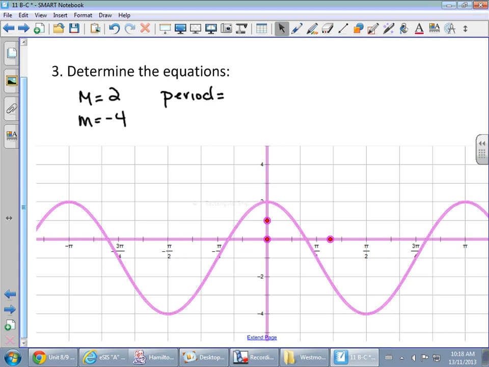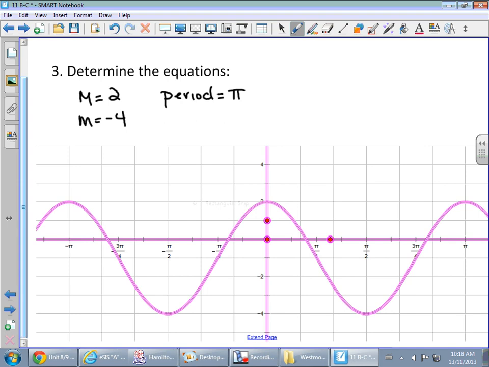So the cosine curve starts at its highest point, goes down to its middle, down to its lowest, to its middle, to its highest point again. So for it to start and finish, it started at 0, ended at pi. So the period of this guy is pi. Does that make sense? Okay. So you would just look for the cosine curve or the sine curve. It doesn't matter, right? If you're using the sine curve, you can figure out the middle point, figure out where it ends up, and then figure out that distance. Okay, but it's a little bit easier to use the cosine curve.